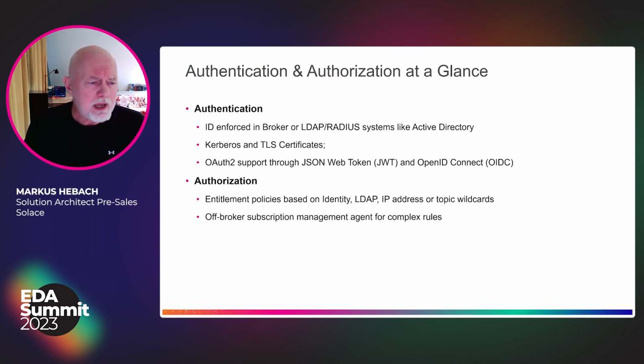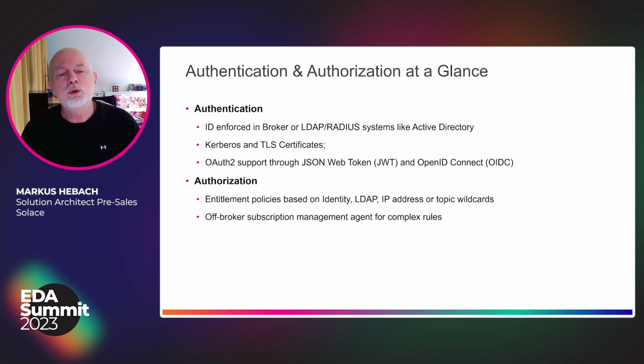So at a glance, authentication can be done by enforcing your ID in the broker, or LDAP or RADIUS systems, like Active Directory. That is the simple way. You can use Kerberos tickets or TLS certificates, which are two technologies.